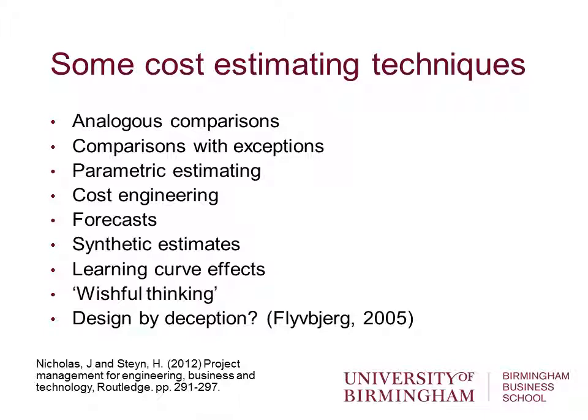Flyvbjerg started it all really, where he argues that effectively either somebody with a vested interest in a project going ahead, a consultant maybe, or a project sponsor or a function within the organisation, deceives other parts of the organisation or deceives the project sponsor about how much the project's going to cost, how long the project will take in order to get the project going ahead in the first instance.